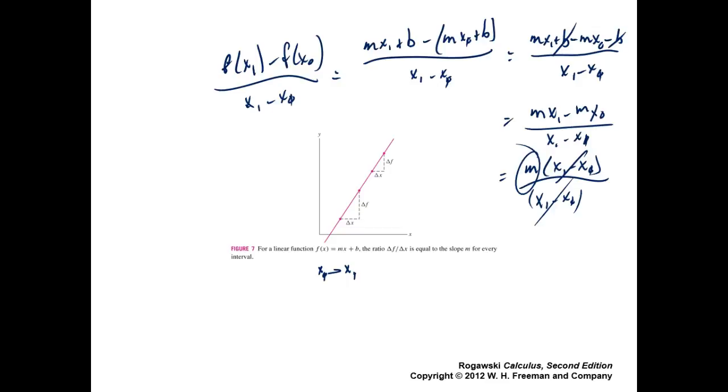Four, what is the graphical interpretation of the following statement? The average rate of change approaches the instantaneous rate of change as the interval shrinks to zero. What is the graphical interpretation of that statement?